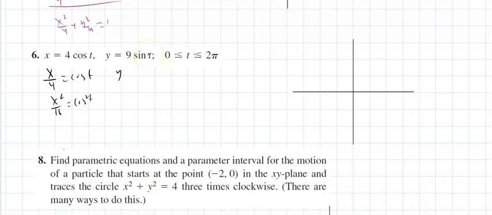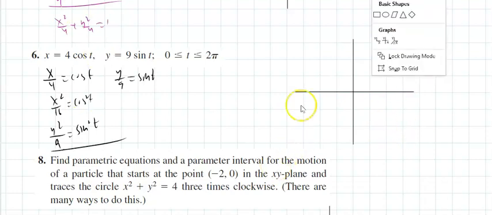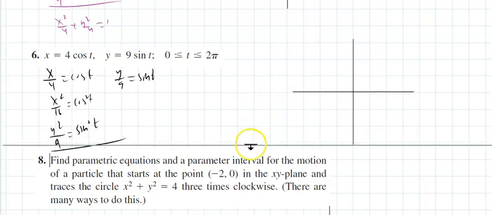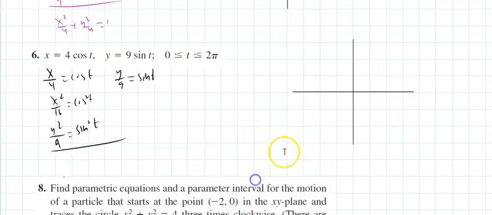And here, y over 9 equals sine of t, and if you square both sides, you get y squared over 9 equals sine squared of t. And if I add those, I'll get x squared over 16 plus y squared over 9 equals 1.